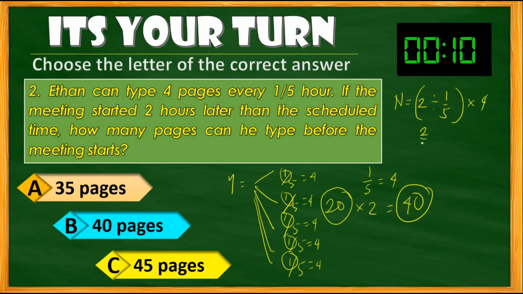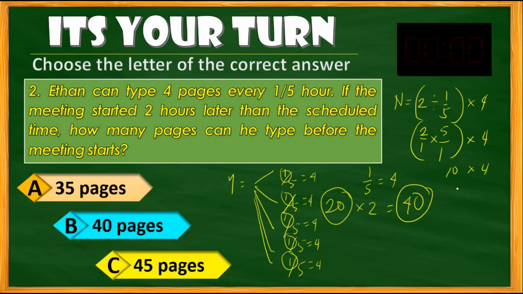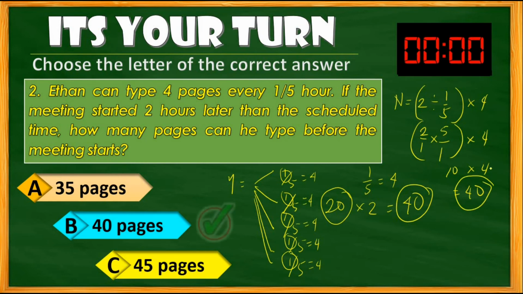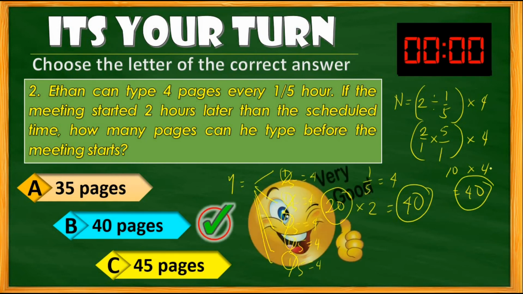Then make 2 as a fraction, change operation to multiplication, 5 over 1. Close parenthesis, multiplied by 4. 2 times 5, 10 divided by 1, the answer is 10 times 4. The final answer is 40. So, you got the correct answer. The correct answer is letter B.